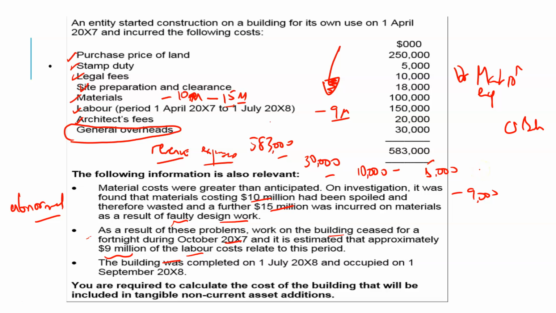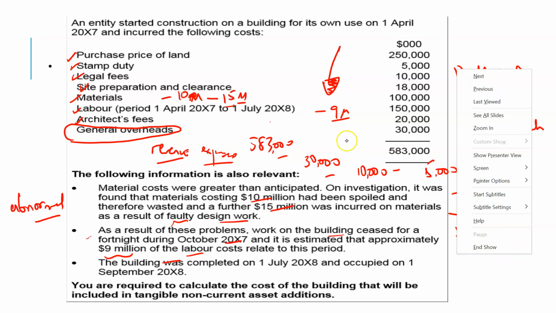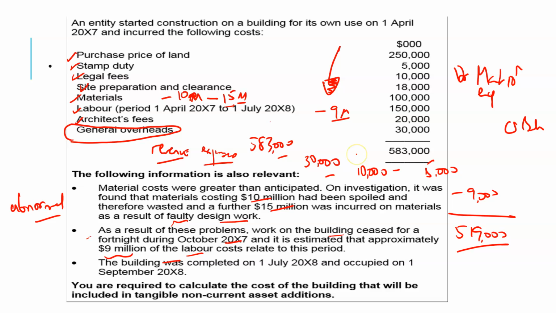That brings us to 583 minus 30,000 minus 10,000 minus 15,000 minus 9,000. It's 519,000 is what I can work with. And that is what we will capitalize as a tangible non-current asset.